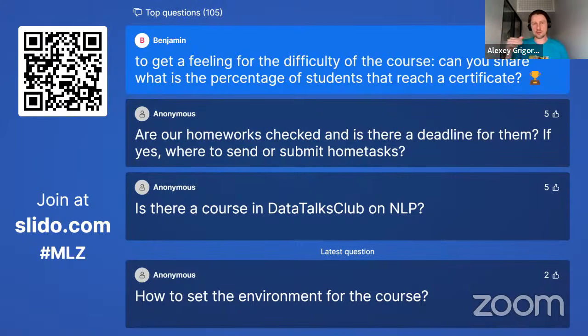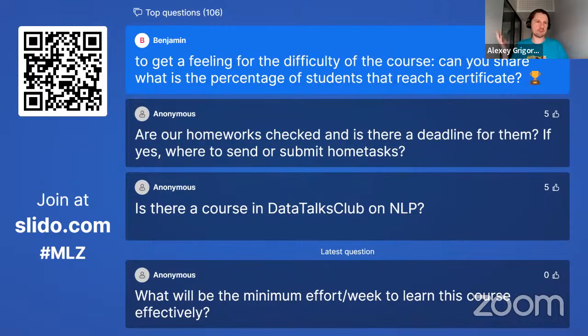It's similar now, I think 5,500. 400 of them finished the first homework, and fewer than 100 got a certificate. So only one quarter, maybe even one fifth, of those who attempted the first homework finished.